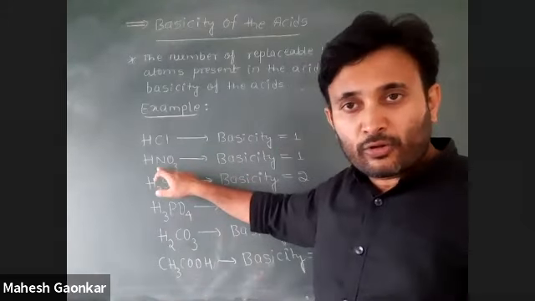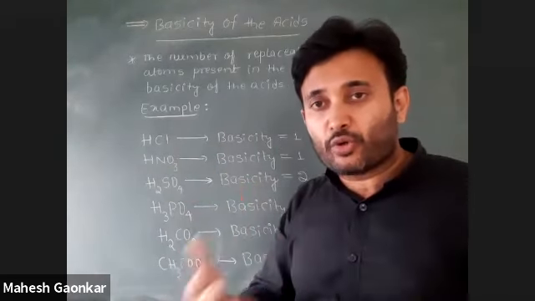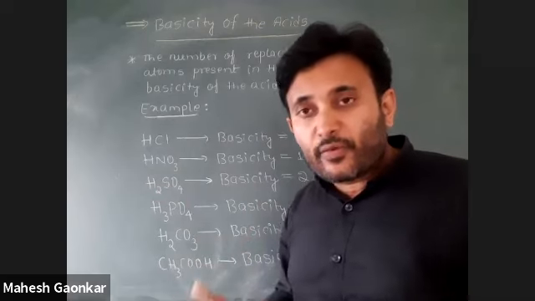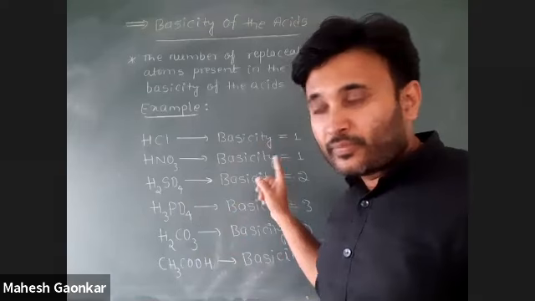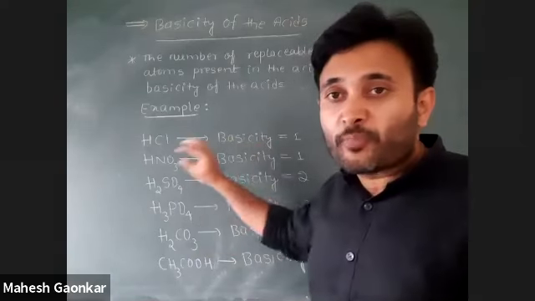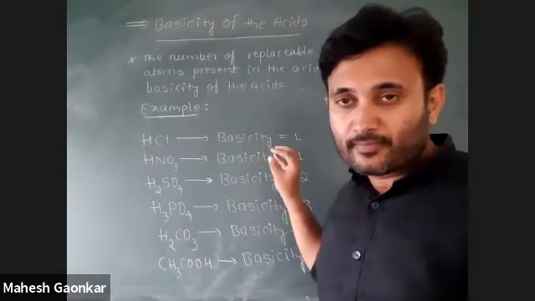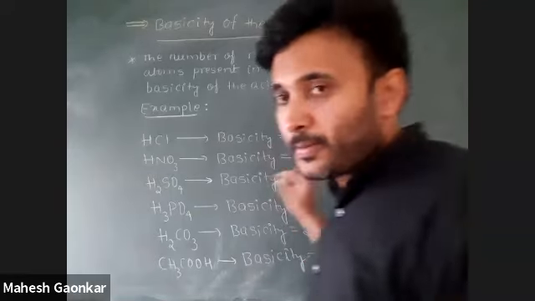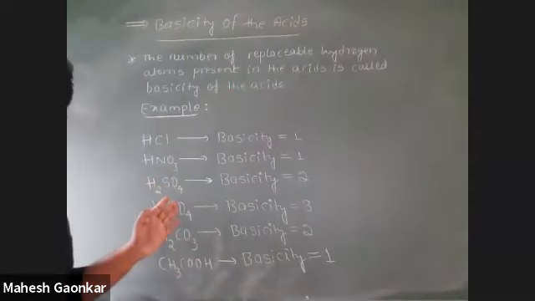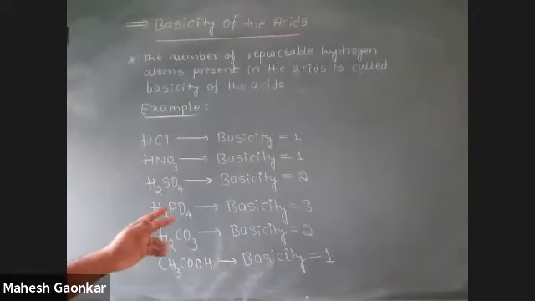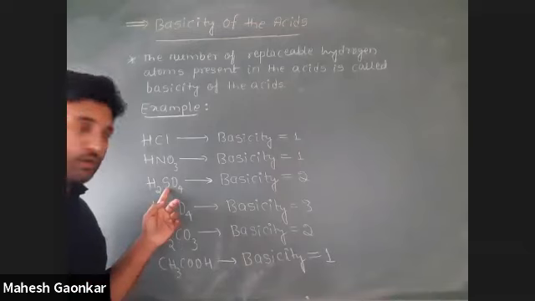HNO3 also has 1 replaceable hydrogen atom, so its basicity is 1 and it is a monobasic acid. H2SO4 has 2 replaceable hydrogen atoms.